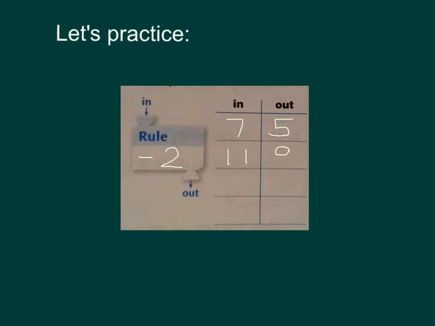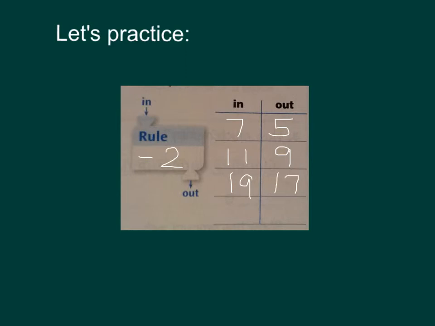Our answer would be 9. 11 take away 2 equals 9. Let's get a little bit bigger of a number and see if we can figure it out. If we put 19 in, do our rule, which is subtract 2, what number would come out? That's right. The number that would come out is 17.